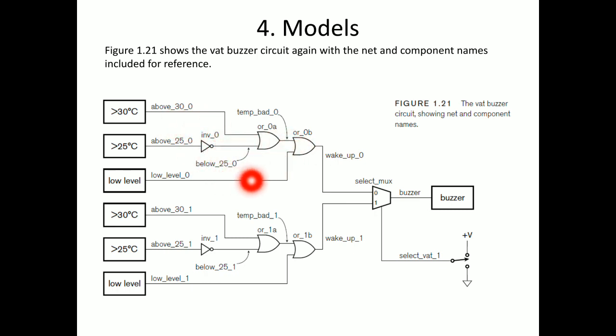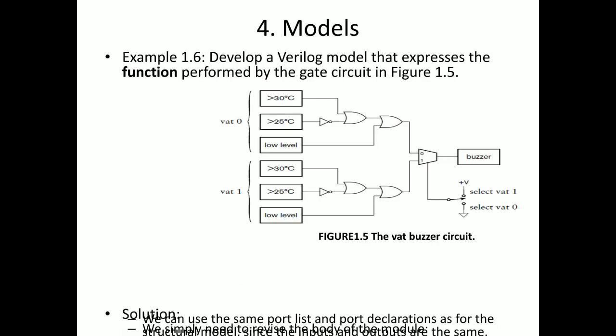Same thing we have conveyed. Low level 0 ORed with above 30 and not of above 25, correct? Similarly, wake up 1 is low level 1 ORed with above 31 ORed with not of above 25. This is how we wrote the input expression for this combinational circuit.